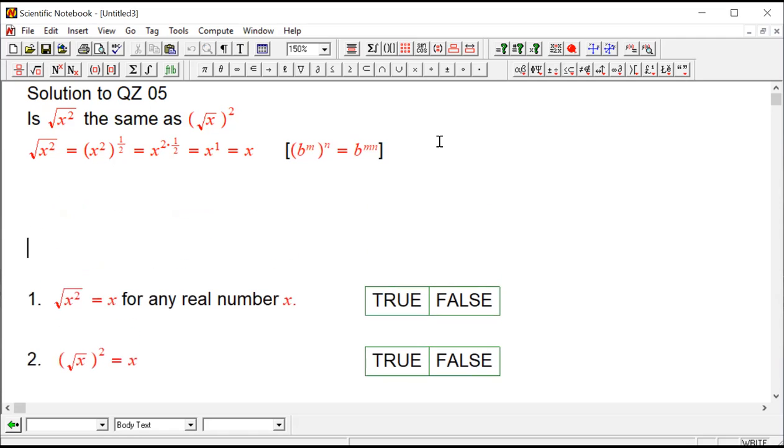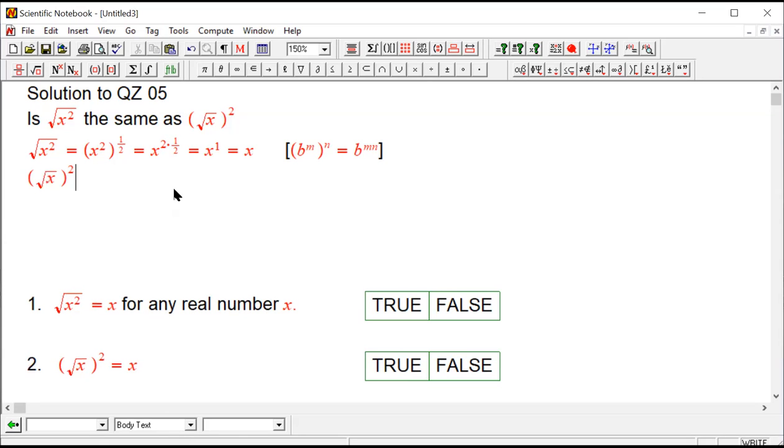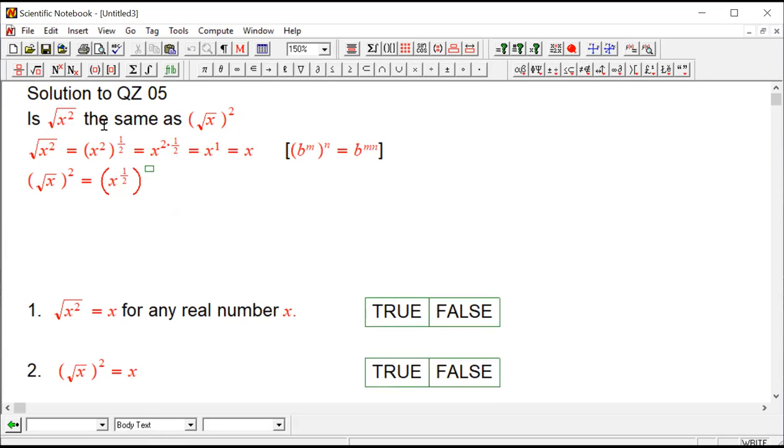Number two, people will argue the same argument, right? Inside the parentheses is x raised to the power of 1/2, and then raised to the power 2.